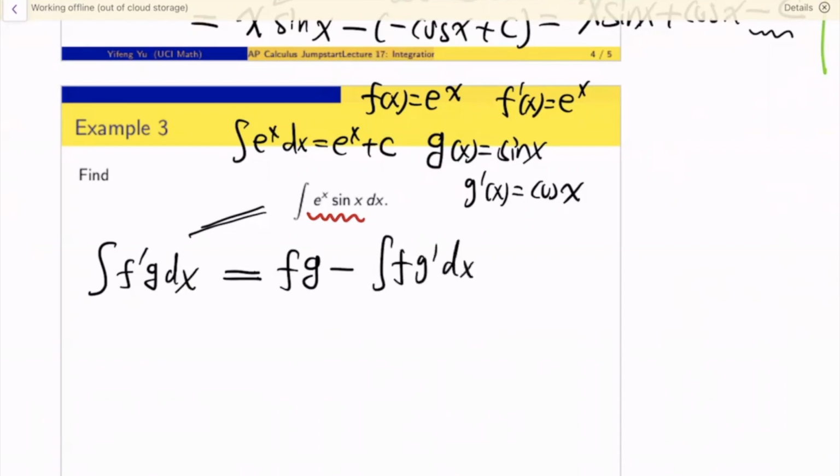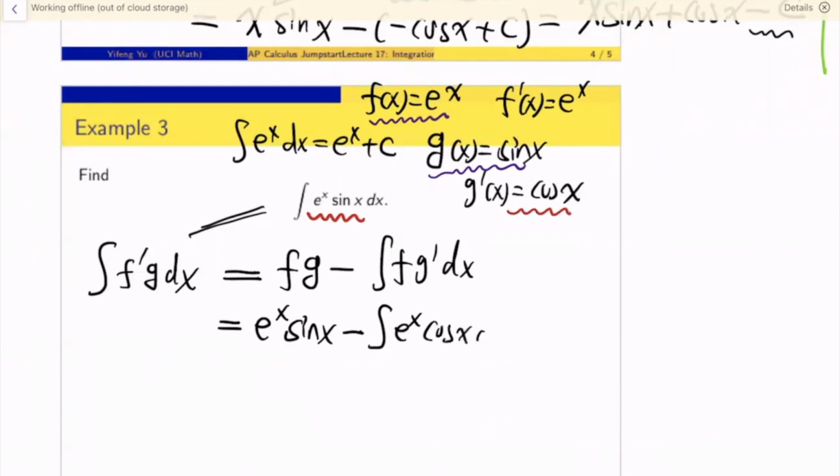Let's plug everything into the formula. f(x) is e^x and g(x) is sine x, so we replace f by e^x and g by sine x, and then minus the antiderivative of e^x times g prime, which is cosine x, dx.